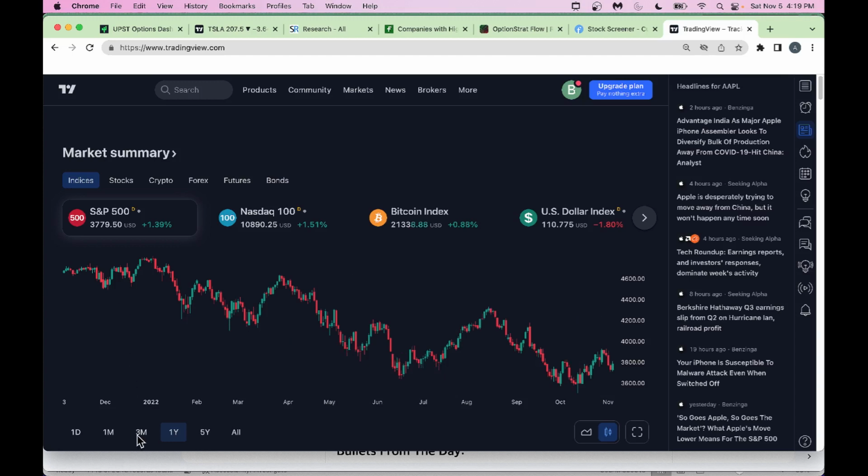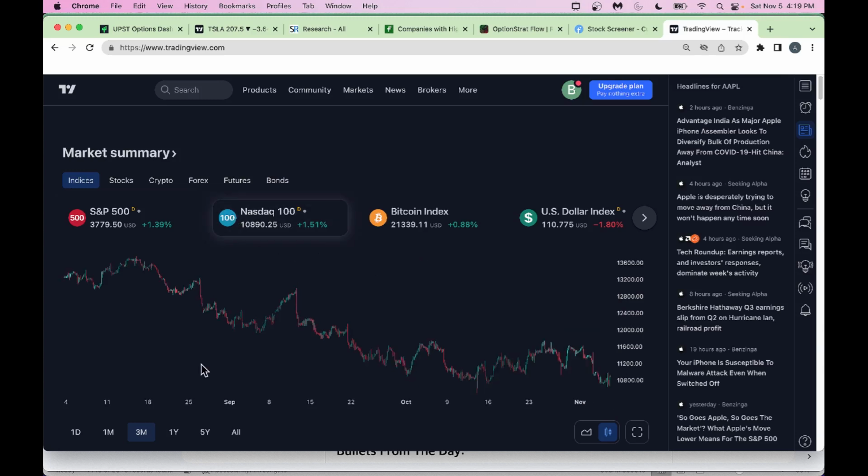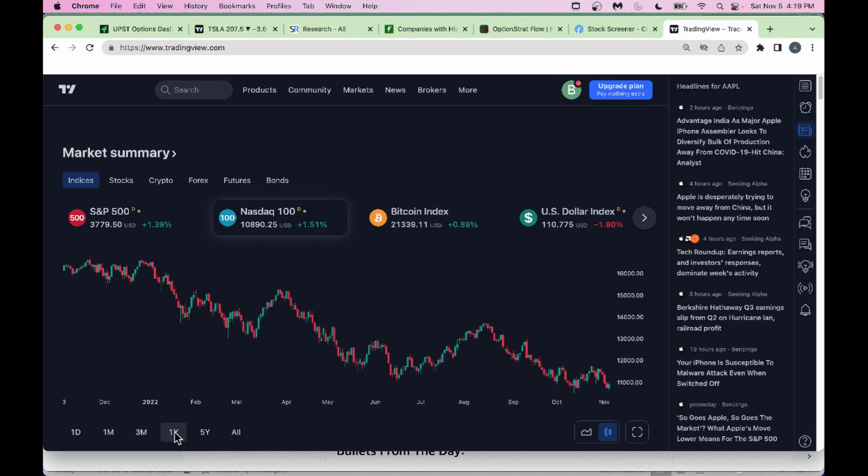If you go into a 3-month chart here, look from a 3-month chart perspective, same thing. Market is really coming down, mainly because Fed is really inducing some fear into the market by raising the interest rates. And then we got Nasdaq 100 here. Let's go back to 1-year chart. Same story.